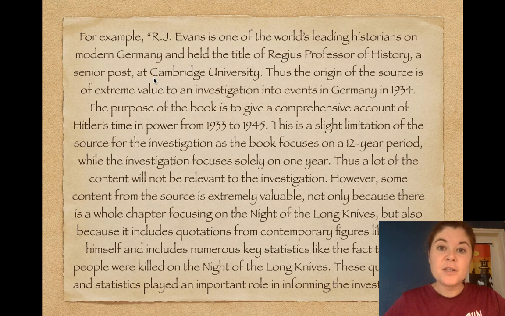R.J. Evans is one of the world's leading historians on modern Germany and held the title of Regius Professor of History, a senior post at Cambridge University. Thus, the origin of the source is of extreme value to an investigation into events in Germany in 1934. The purpose of the book is to give a comprehensive account of Hitler's time in power from 1933 to 1945. This is a slight limitation of the source for the investigation, as the book focuses on a 12-year period, while the investigation focuses solely on 1 year.